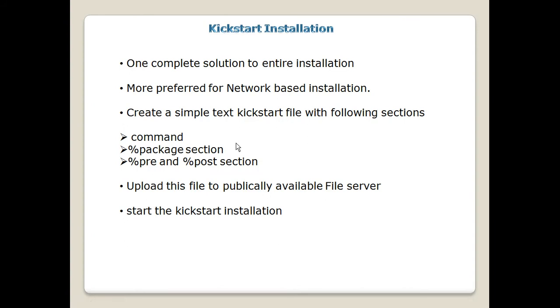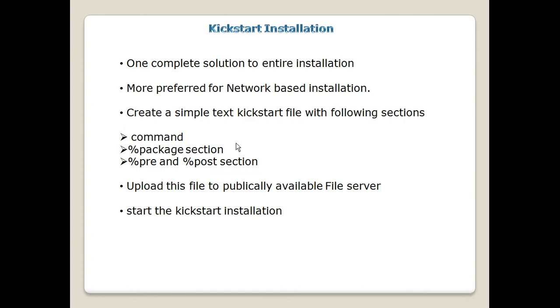Whenever a server gets installed, it gets installed with some minimal packages. So according to your requirement, you can change your packages, or you can add or subtract a package. For that we have a package section, and after that we define the package names.